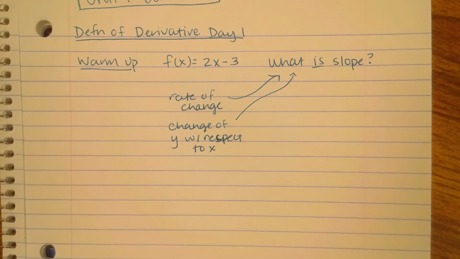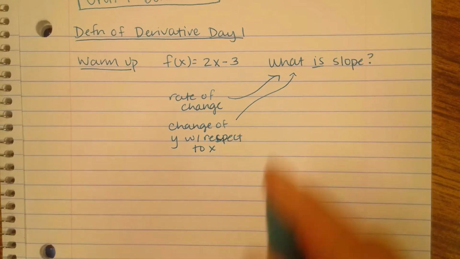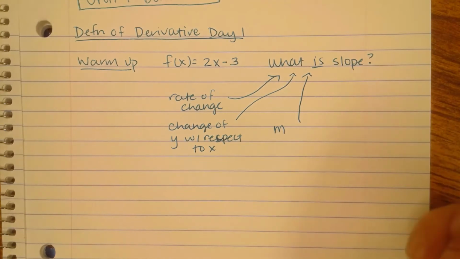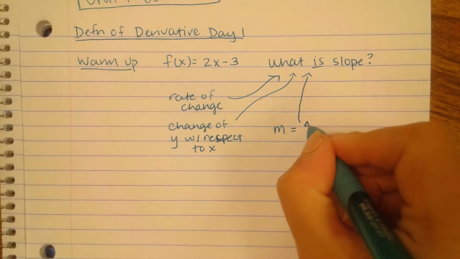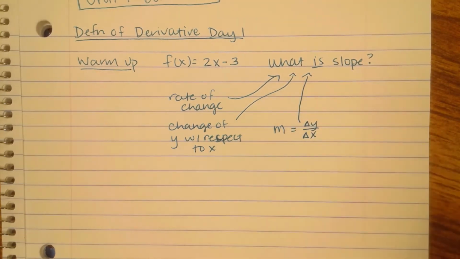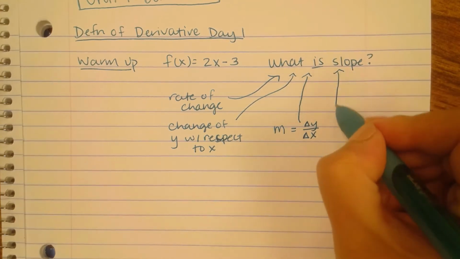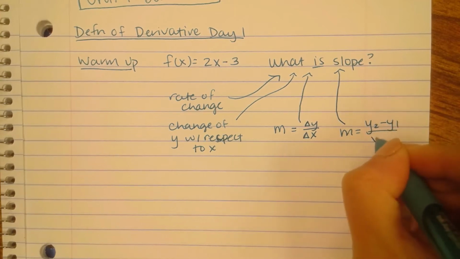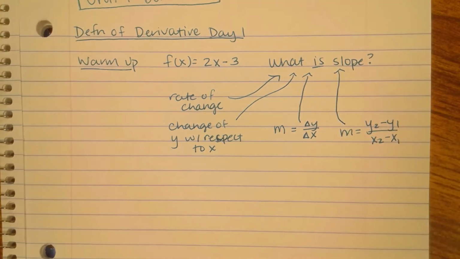We can talk about being rise over run. We can talk about it being what we call m in an Algebra 1 class as delta y over delta x. That's a possibility. We have a slope formula for m as y2 minus y1 over x2 minus x1. And we can keep going.